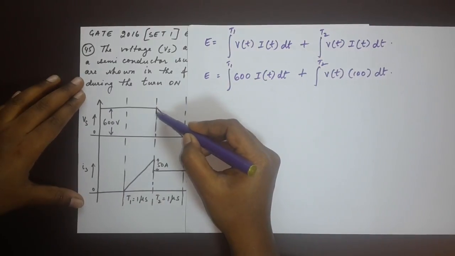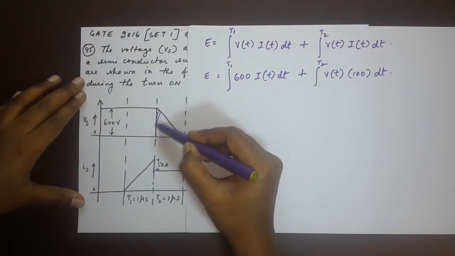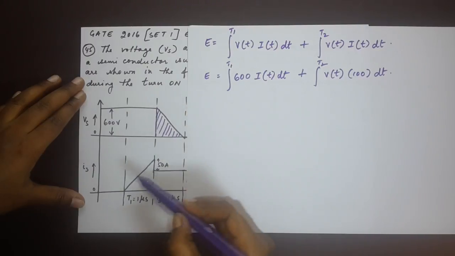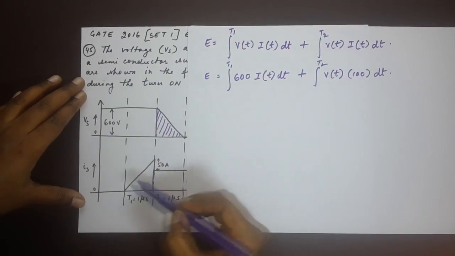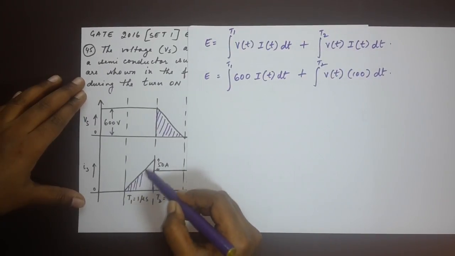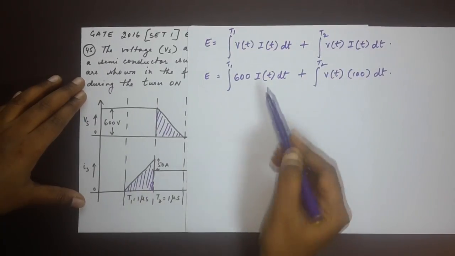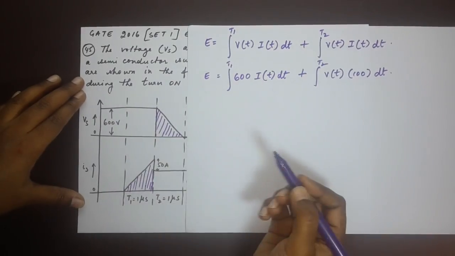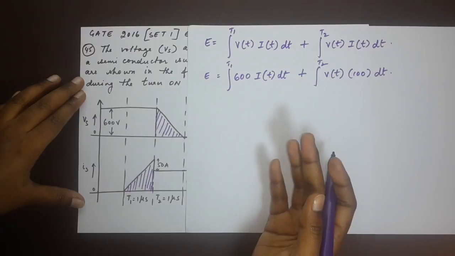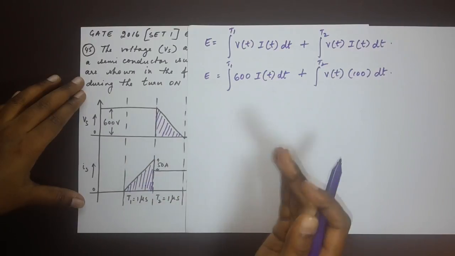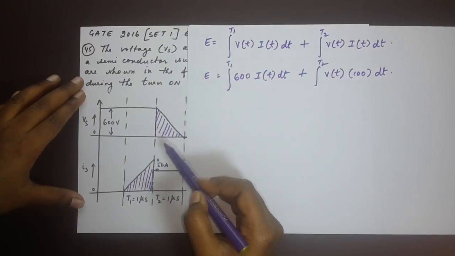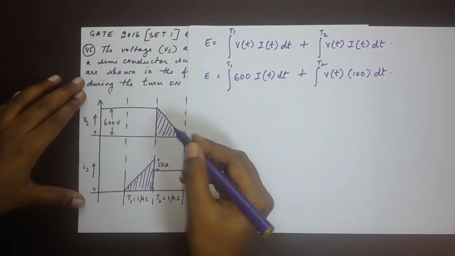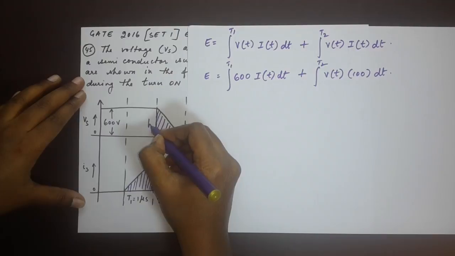So here we consider this triangle and find out the area under the linear line, and in the case of the current we find out the area of this portion here to determine what I of t is. Okay, so we know the formula for area of a triangle, right? Half into width into height in this case.